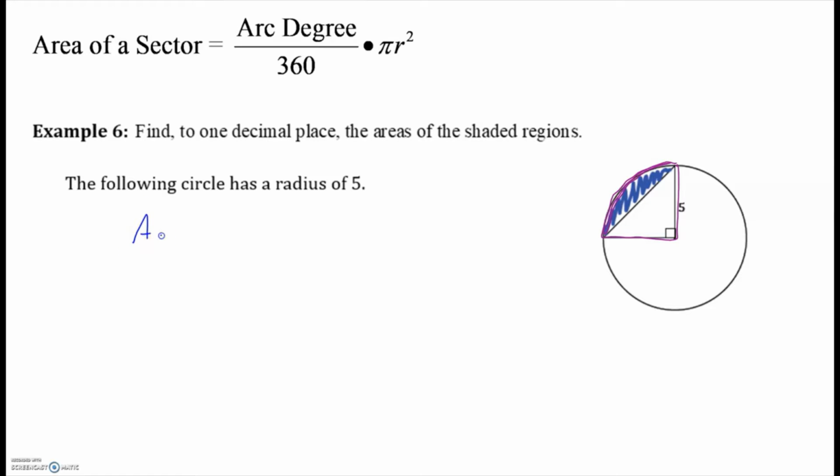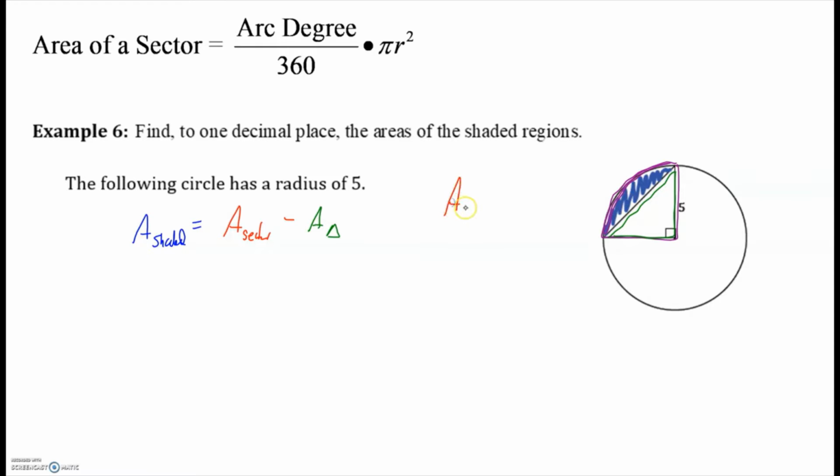So the area of the shaded is going to equal, in this case, the area of the sector minus the area of a triangle, right? If I remove this green triangle here, that would just leave me the blue part.